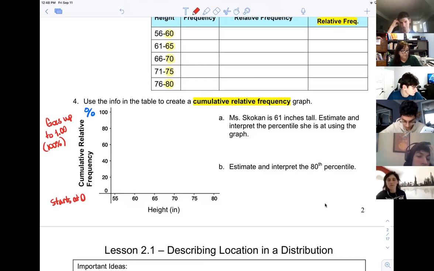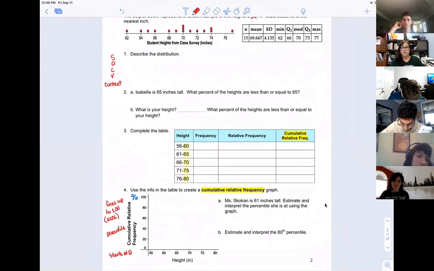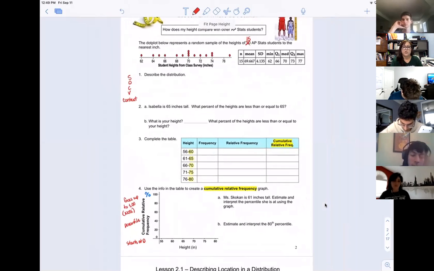But this whole graph is actually going to give us percentile. So we said we were going to talk about percentiles, and we are going to talk about percentiles. You guys are going to be able to do the whole first page in roughly 4 or 5 minutes. So I'm going to see you back in about 5 minutes.